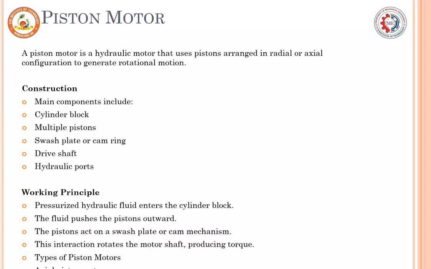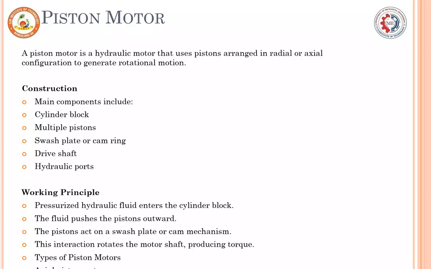Further, going with the piston motor. A piston motor is a hydraulic motor that uses pistons arranged in a radial or axial configuration to generate rotational motion. The main components include the cylinder block, multiple pistons, swash plate or cam ring, drive shaft, and hydraulic ports. These are all the parts needed in the piston motor.